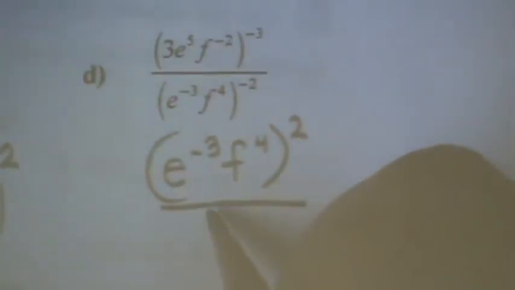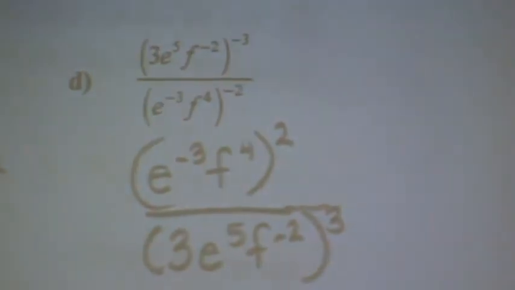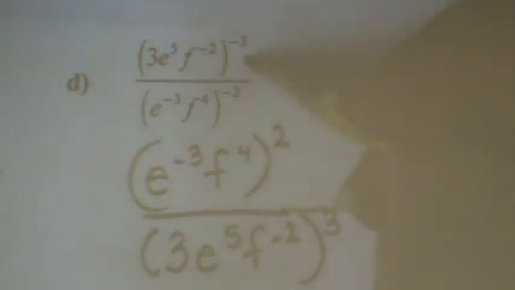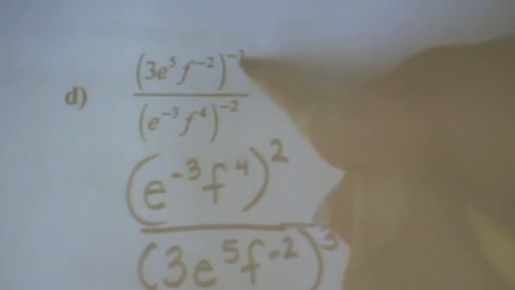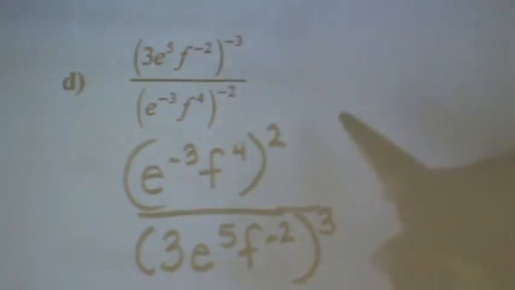I could turn this into e to the -3, f to the 4th, squared on top. And in the bottom, I would have 3e to the 5th, f to the -2. We're going to cube it. Does that make sense? Yeah. So all we did was deal with the negative part of these exponents. You just switch it to make it a positive exponent.